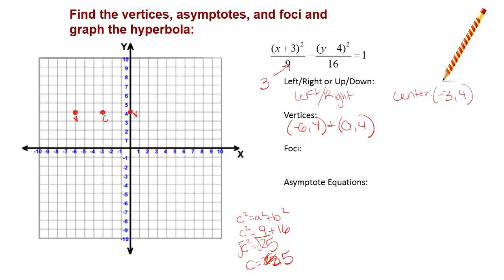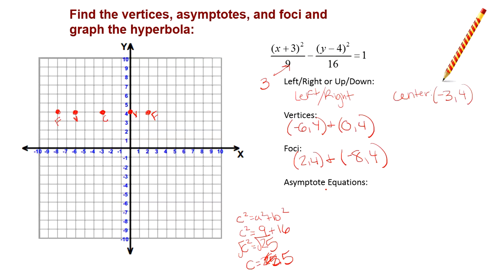From my center, I'm going to count 5 away: 1, 2, 3, 4, 5. Put a dot right here, labeled with a big F. And then from my center, 1, 2, 3, 4, 5 the other way. So my two foci have dots at (2, 4) and (-8, 4).